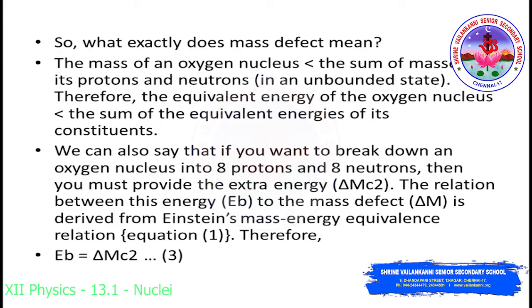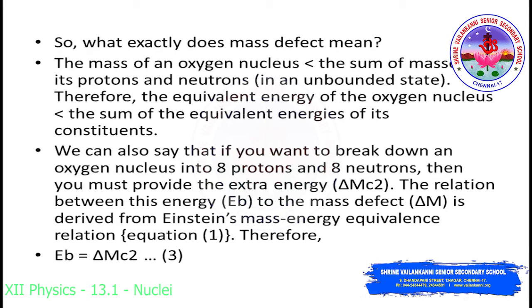So what exactly does mass defect mean? The mass of an oxygen nucleus is less than the sum of the masses of its protons and neutrons, right? Therefore, the equivalent energy of the oxygen nucleus is less than the sum of the equivalent energies of its constituents.